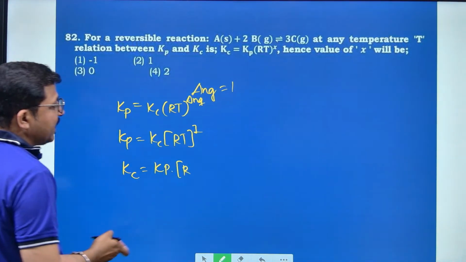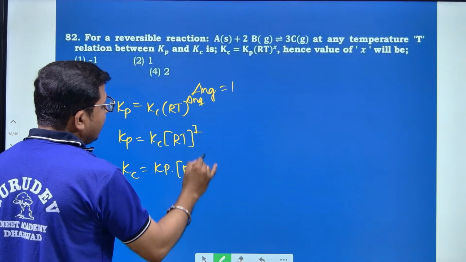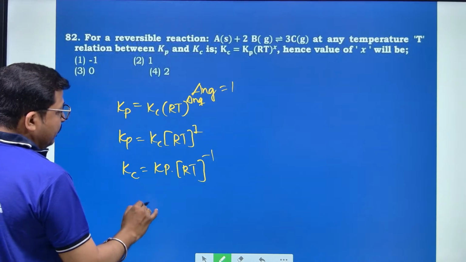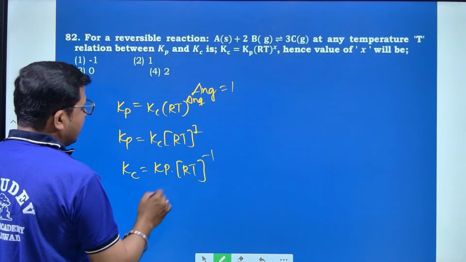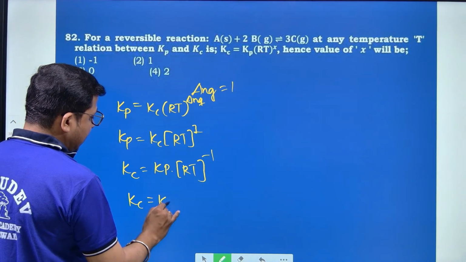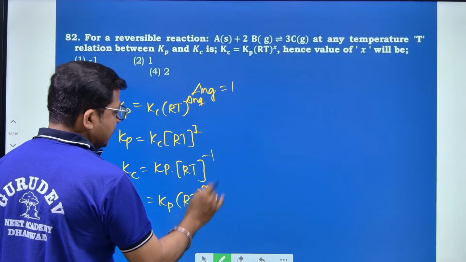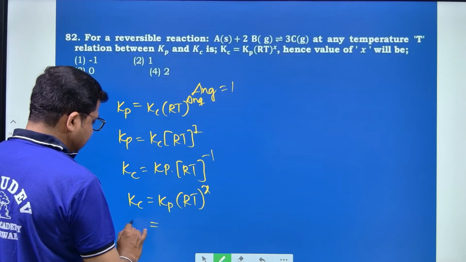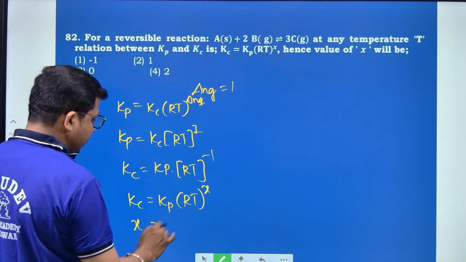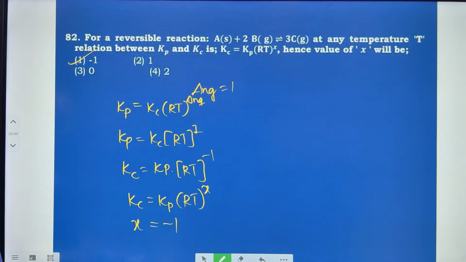Here it is multiplication and it will come here as division, so minus 1. Therefore, Kc is equal to Kp into RT raised to x, the x value will be minus 1. Hence option number 1 will be the right answer.